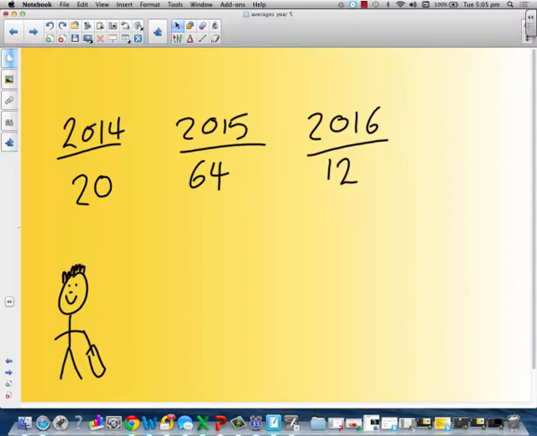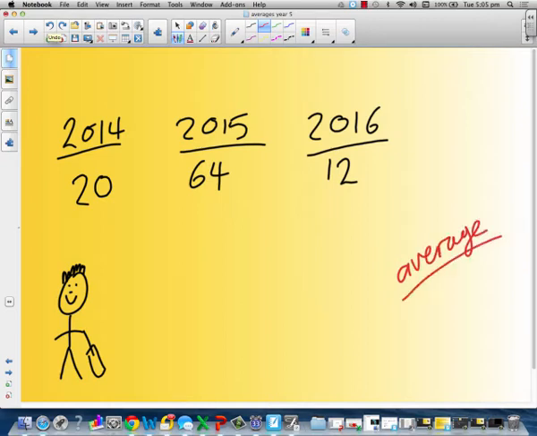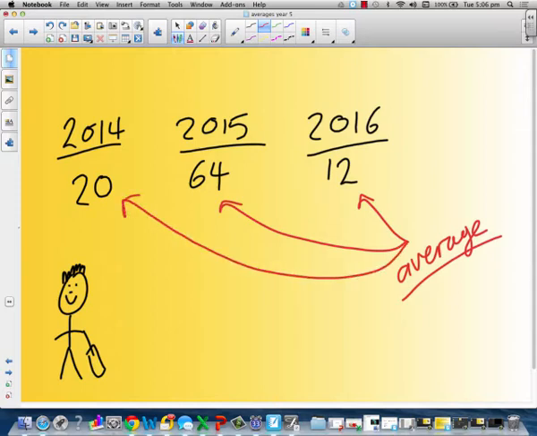He's actually pretty average. Now look, when we're talking about the average, what we're really looking for is the middle score. We're looking for a number that represents all of these numbers in one way.